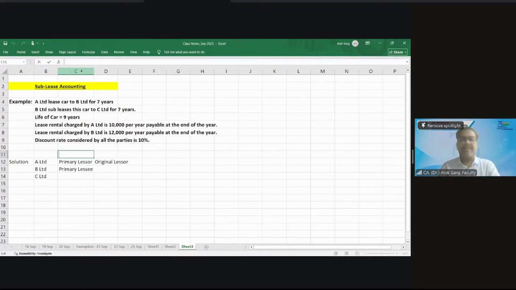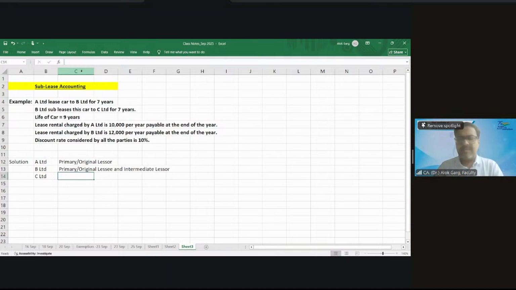So let me put here primary or original. A Limited is the primary or original lessor, and B Limited is the primary or original lessee, as well as intermediate lessor. Yes or no? Intermediate lessor.